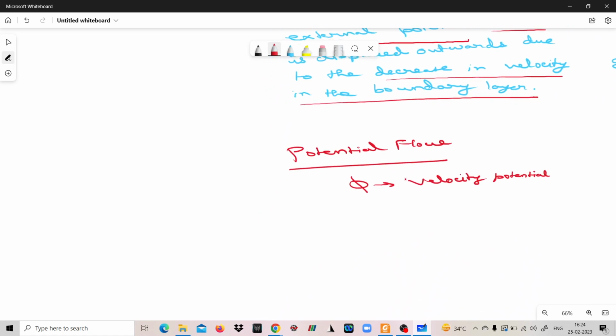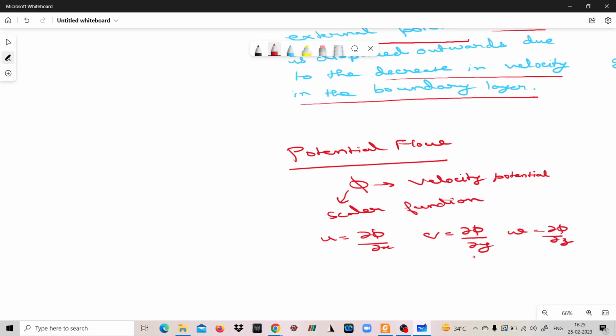It is a scalar function such that u, the x component of velocity, is given by del phi by del x, the y component of velocity is given by the gradient of this function along y direction, and the z component of velocity is given by the gradient along z direction.